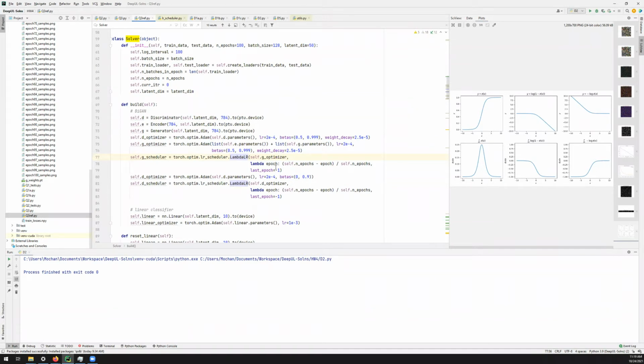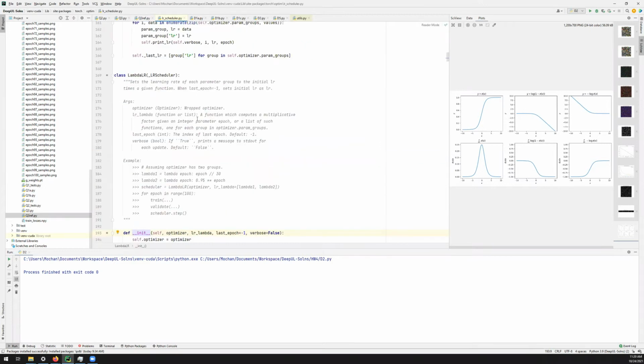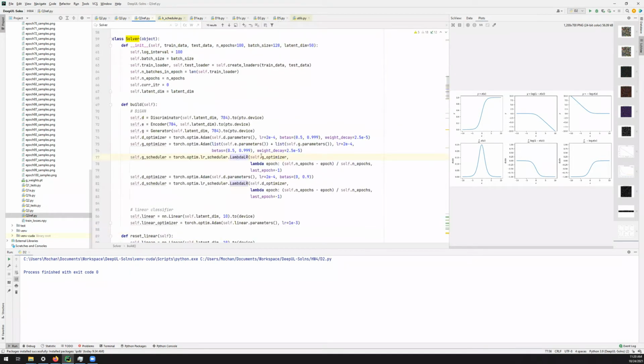And I believe the lambda is supposed to give you the multiplicative factor. So you set the learning rate from the optimizer, and then it multiplies it after each epoch, or every time you update it, it checks the epoch and makes it smaller, so that at the end it's almost 0.